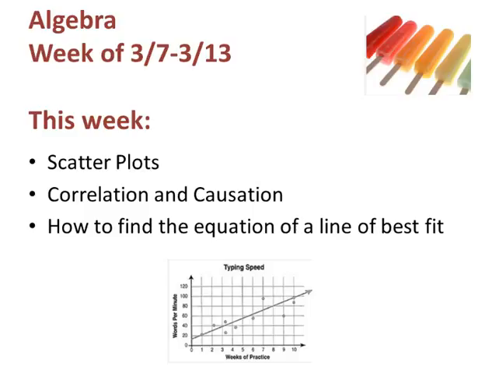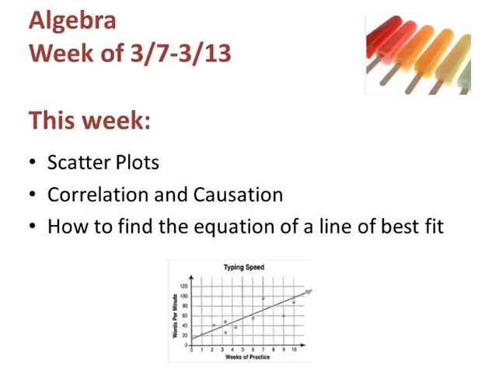And this week we are going to focus on scatter plots, how we can take a scatter plot and look at it to see the correlation and if there is a causation between the two variables being looked at and analyzed.